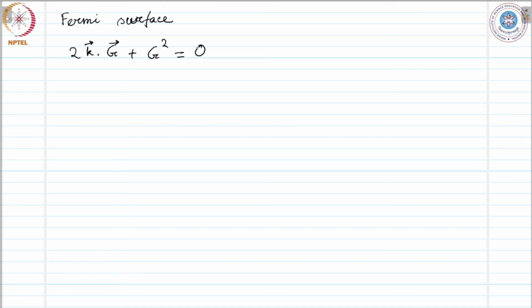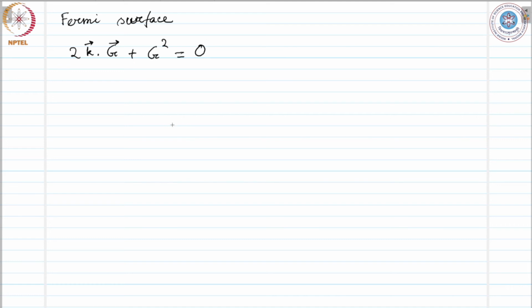It is satisfied if k terminates on the plane normal to the G vector and at the midpoint of G. So the first Brillouin zone of a square lattice is the area enclosed by the perpendicular bisectors of G1 and the 3 reciprocal lattice vectors equivalent by symmetry.